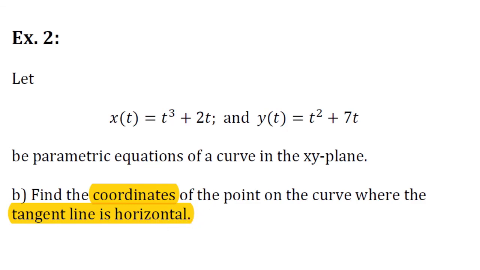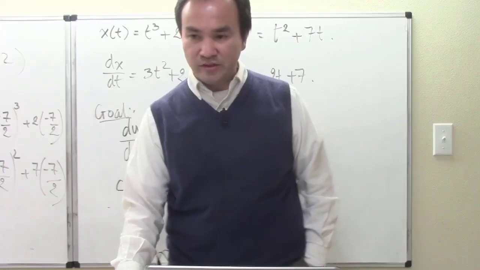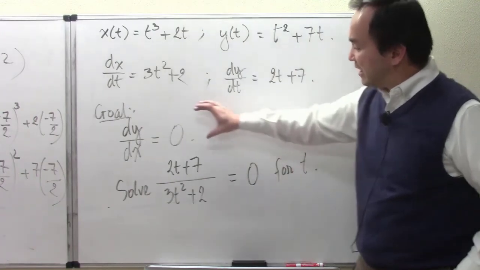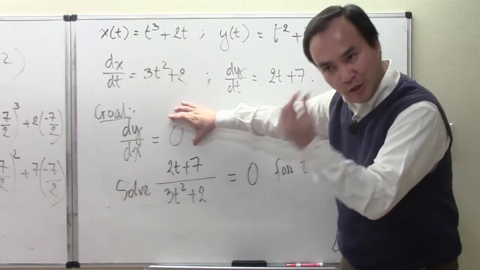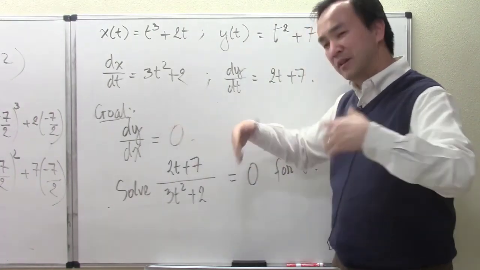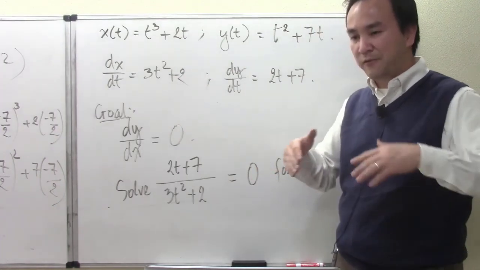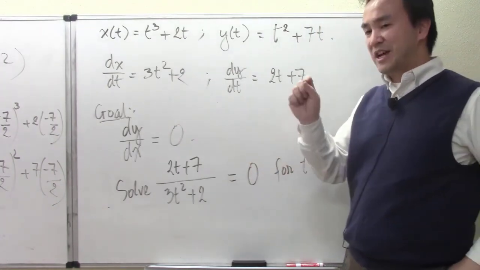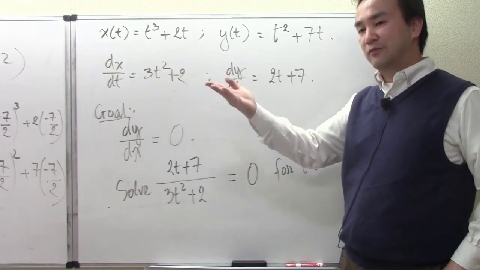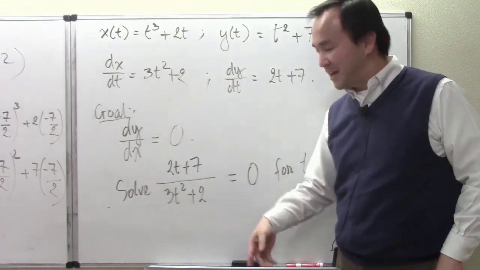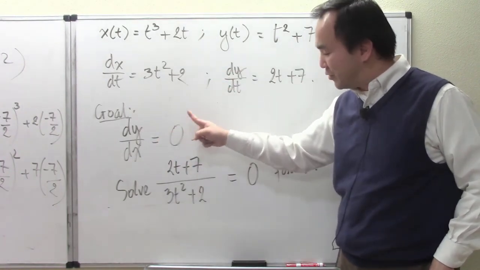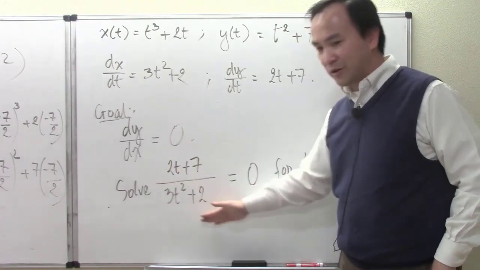So here our slope is given to be 0 because the clue was the horizontal tangent. But in some other problem, it could be slope 5, slope 24, or slope negative 10. Then you use that given slope value and solve your equation.